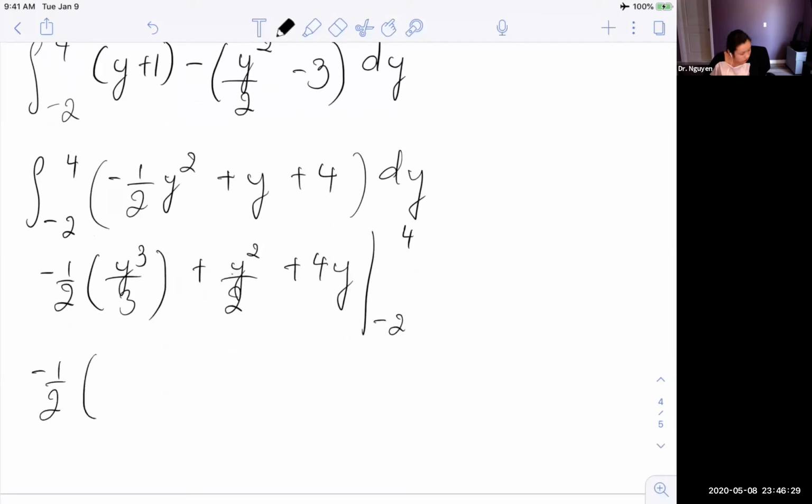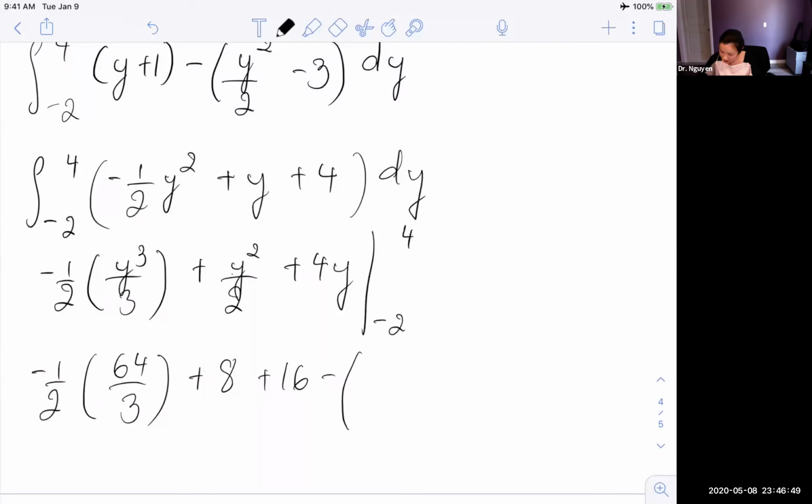-1/2. So what do we have? We have 4 cubed, which is 64, over 3, plus 16 over 2, so it's 8, plus 16, minus, what do I have here?